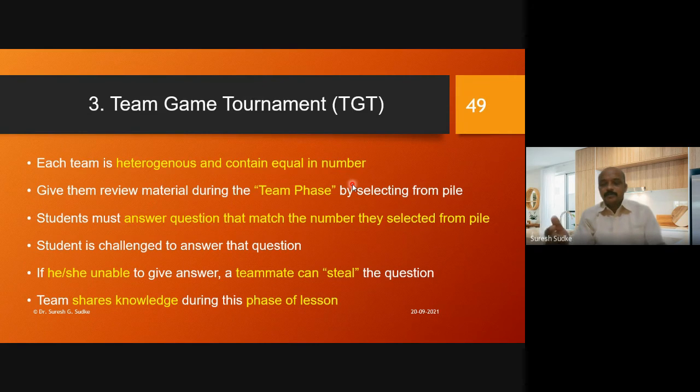Sorry, A1, then A2 will answer. If A2 also cannot give the answer, it will shift to A3, like that. The teammate can steal that question, and the team can share knowledge during the phase of the lesson.